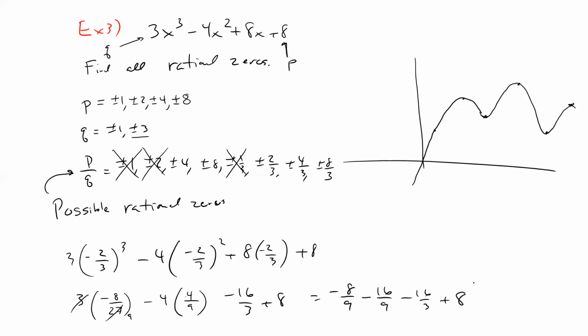Make sure I got that right. Multiply by 3, that makes 48 over 9. 72, let's see. Yeah, it's none of the 4s.